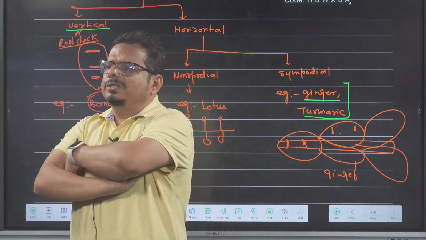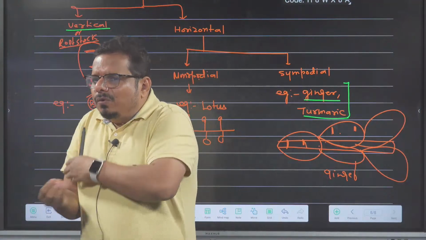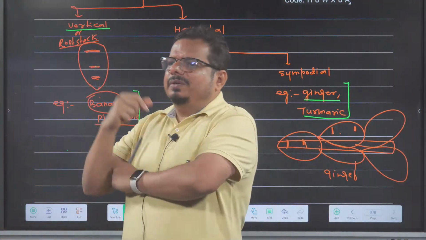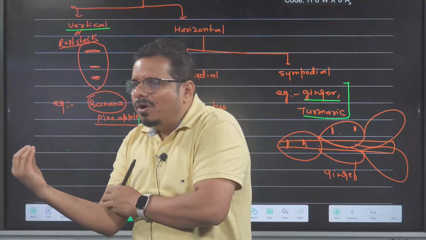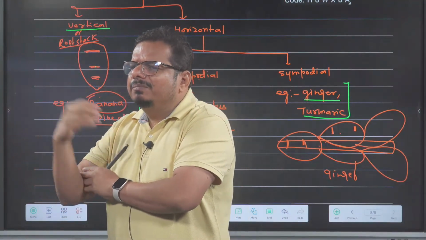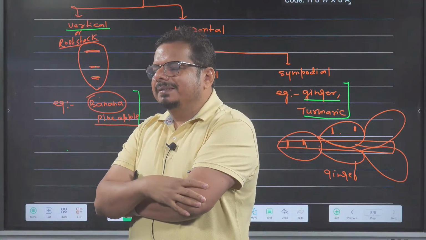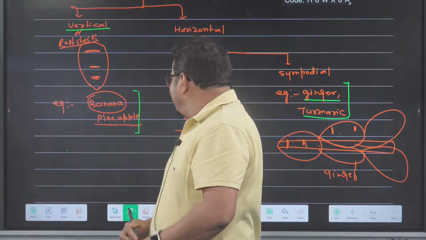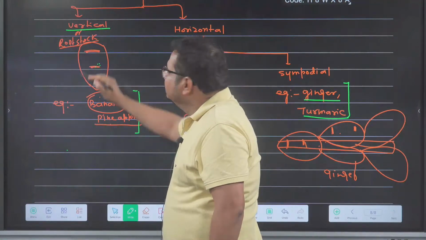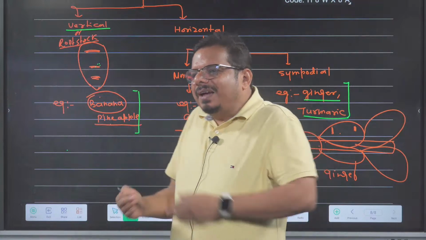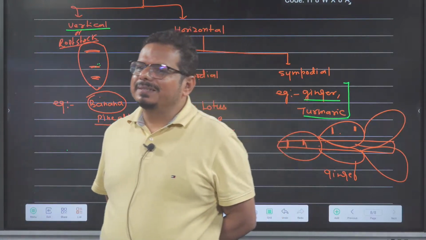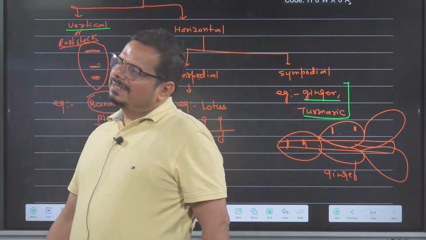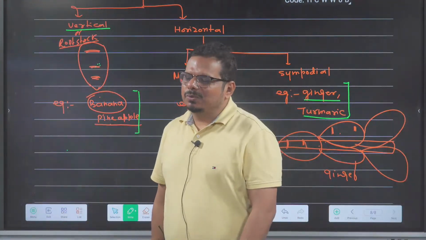That small new banana tree is formed by which one? Sucker. And that arises from which one? Rhizome. So both underground and subaerial modifications are present in banana. Understand? Picture clear? So rhizome is also over.